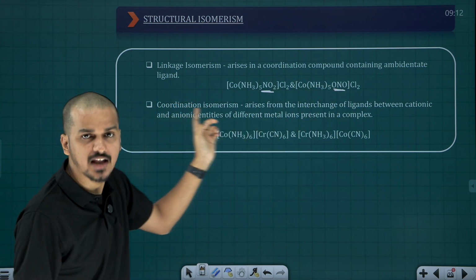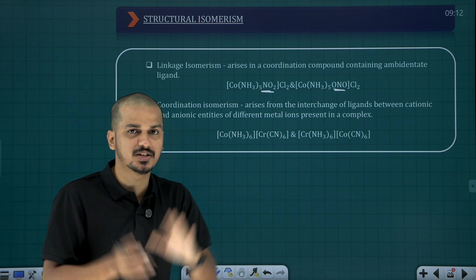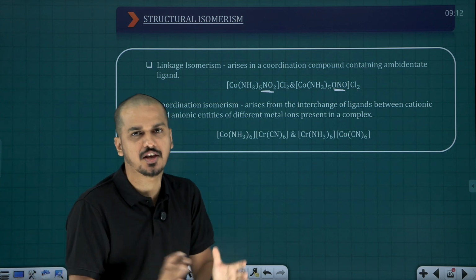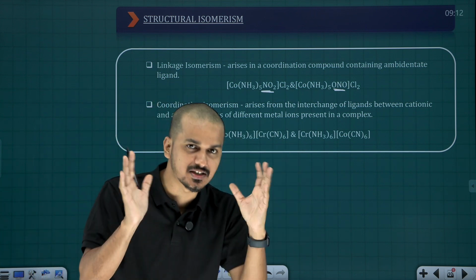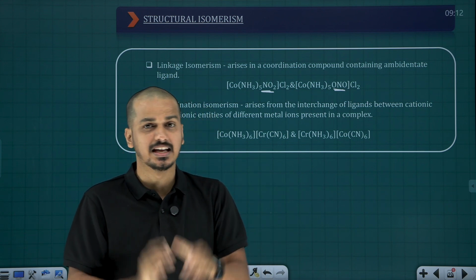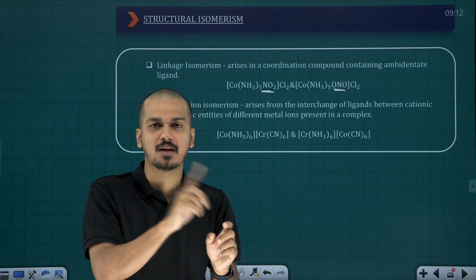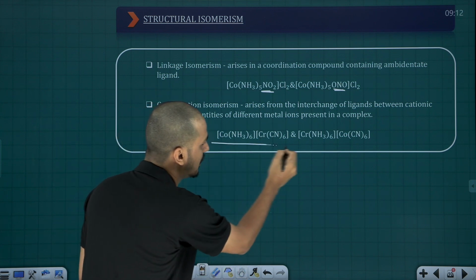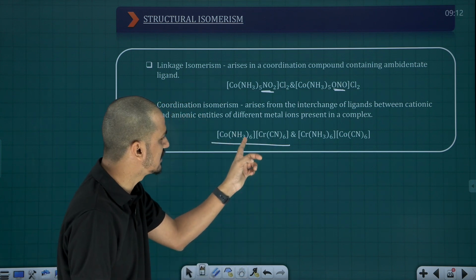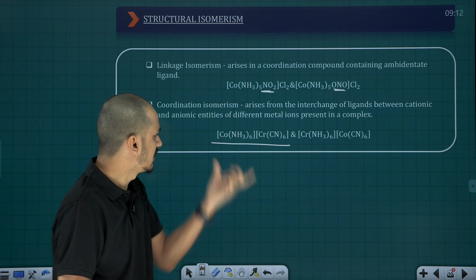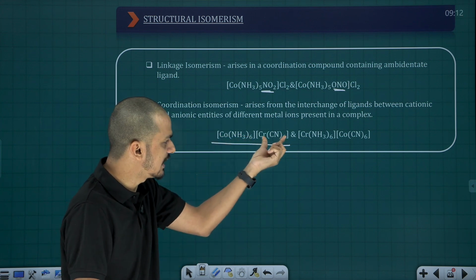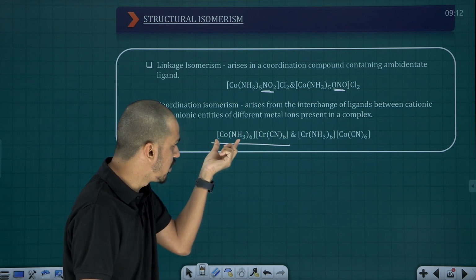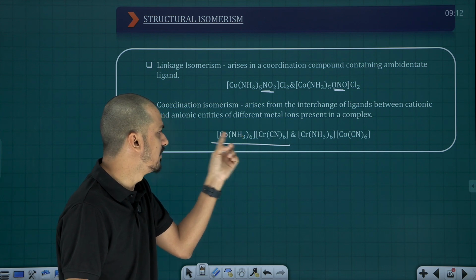The next one, coordination isomerism. You must remember that in coordination isomerism, both the anion as well as the cation are coordination spheres, and the ligands attached to the central metal atoms are interchanging. They have the same molecular formula. We can take one example: Co(NH3)6 Cr(CN)6. Here the first coordination sphere is positive, the second is negative. In the first, ammonia is connecting with cobalt.